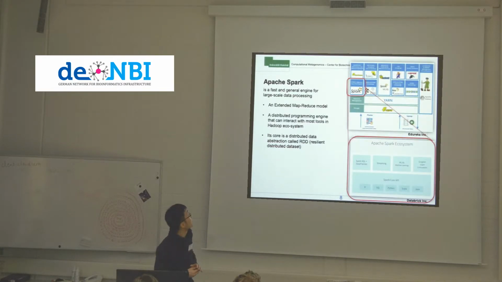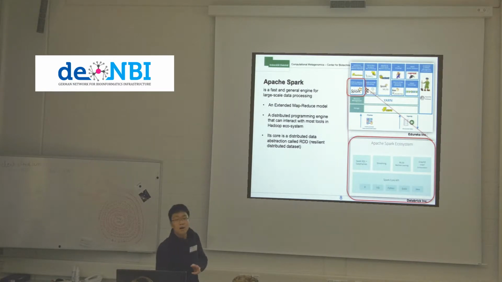So what is Spark? Spark in general is a distributed computational engine to facilitate your method implementation in a distributed fashion. It is basically an extended MapReduce model that is based on Hadoop, and it's very commonly used in distributed computation.